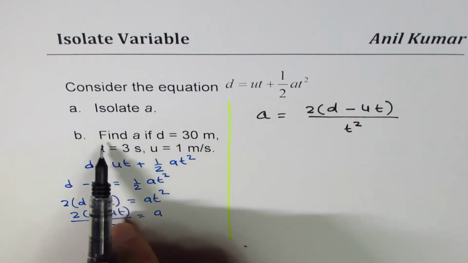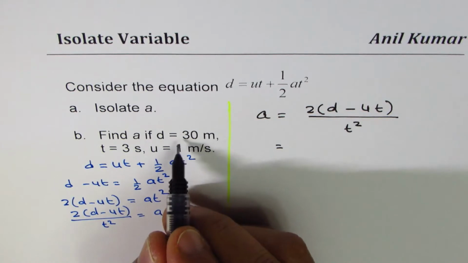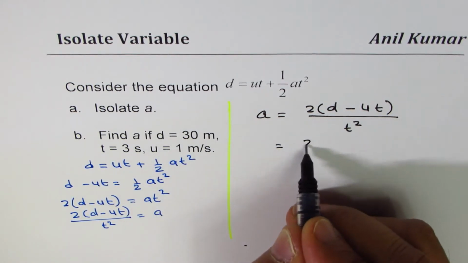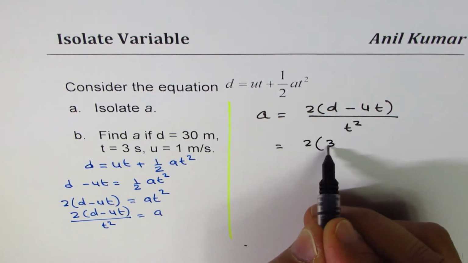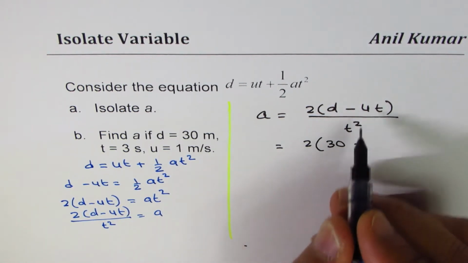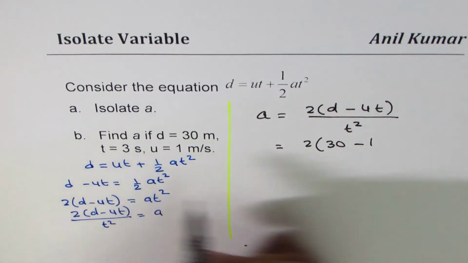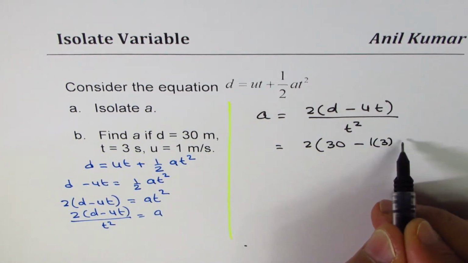Part B is find a if d is 30 meters. Let's write down. D is 30, so we get 2 times (replace d with 30; we'll consider units later) minus ut. U is 1, t is 3. Let's put it in brackets, 1 times 3.